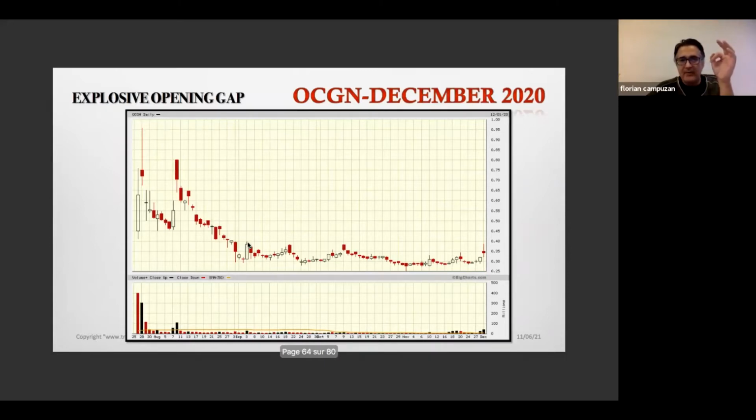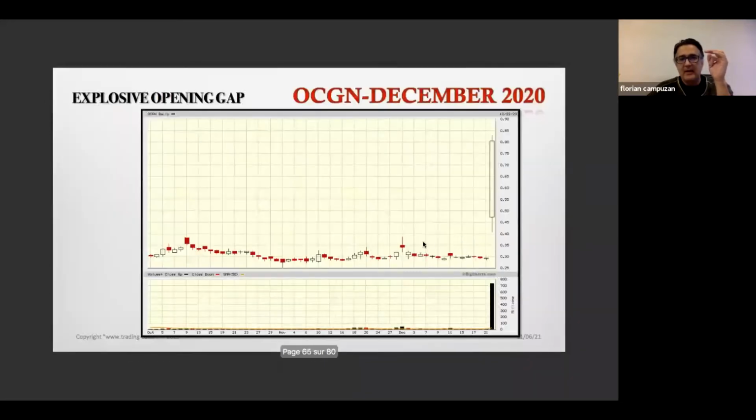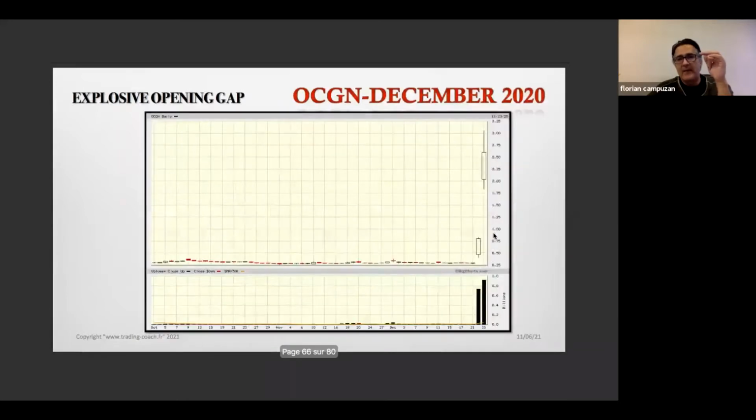Here you have a resistance at about 0.4, and 1, 2, 3, 4 attempts, and here it breaks out. Many gaps at the opening are faulty or fail, but sometimes it's worth trying, and you see that it really takes off from the level of 0.4.